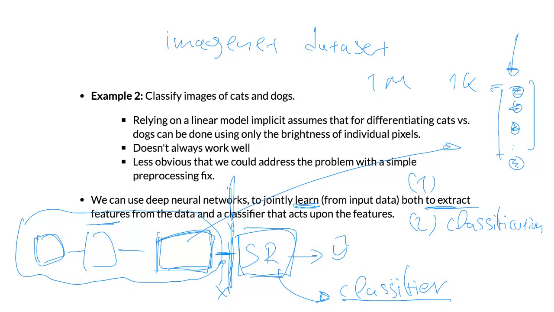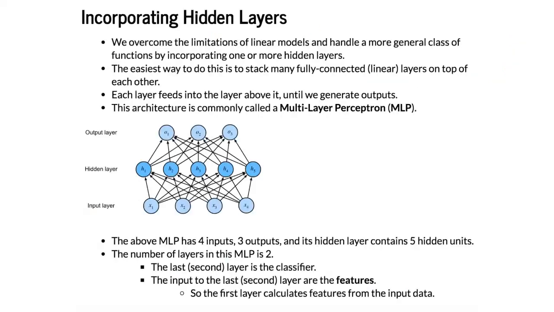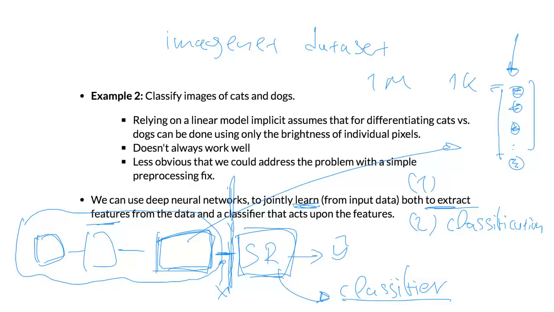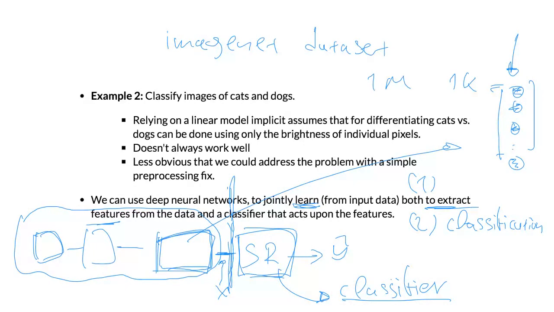Let's see an example of this. As mentioned in the previous slide, a neural network consists of stacking many layers on top of each other. So we have 1, 2, 3 layers, one after the other.